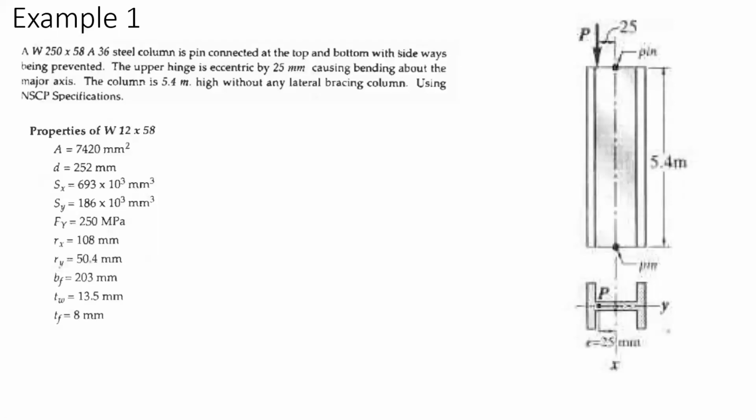We have a W250 by 58, A36 steel. Column is pin connected at the top and bottom with sideways being prevented. The upper hinge is eccentric by 25 millimeter, causing bending about the major axis. Column is 5.4 meters high without any lateral bracing using NSCP specification.